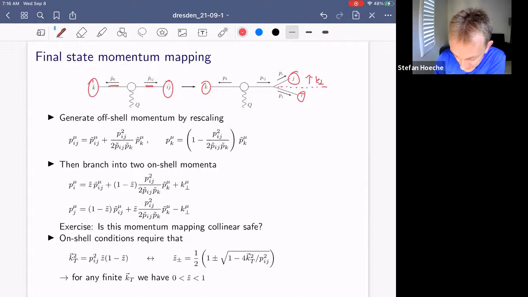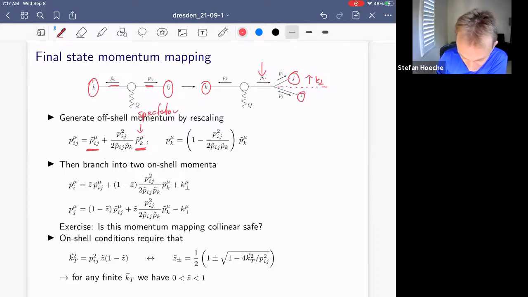Whenever this transverse momentum is of finite size, then you cannot have all particles in this process on their mass shell. In particular, what will have to happen is that this particle here will have to have a finite virtuality. So in going from the left to the right, we have to create this virtuality for this particle and then essentially let it decay. It's like a two-body decay. And there's a quite standard method for doing this. You can say, okay, I take my on-shell momentum, I borrow a little bit of momentum from a different particle, and this is why I need to have this thing that we call a spectator particle here.